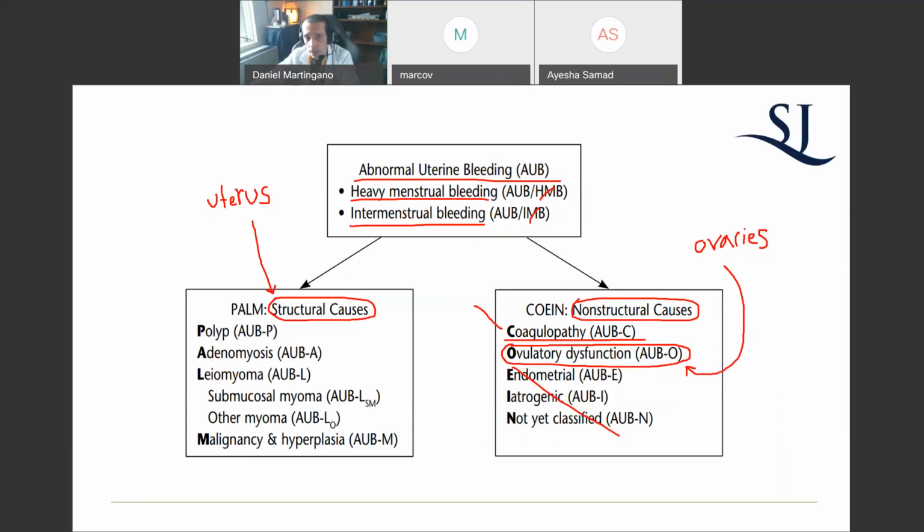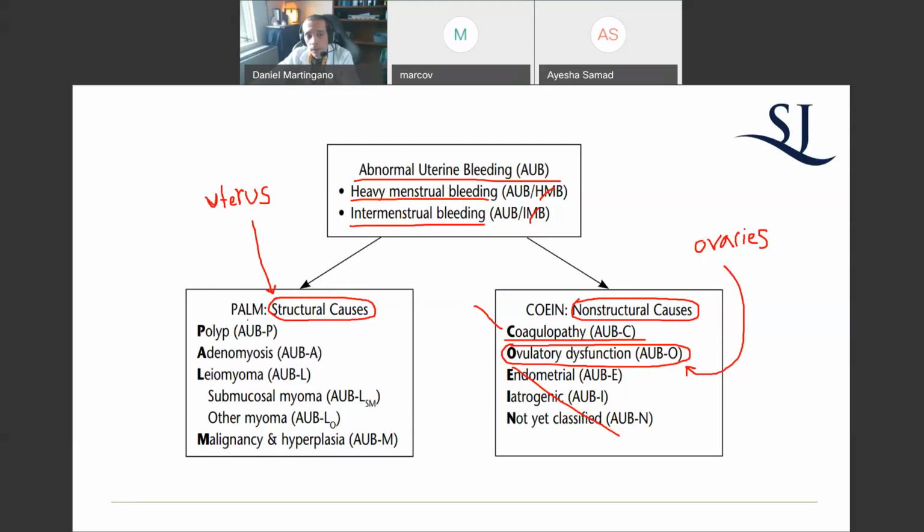Usually it could be heavy or intermenstrual or both, in the way that I'll explain. But at the very least, if you have regular periods, you're not considering ovulatory dysfunction because your ovulation, your cycling is normal. And then obviously you want to check something for the uterus.